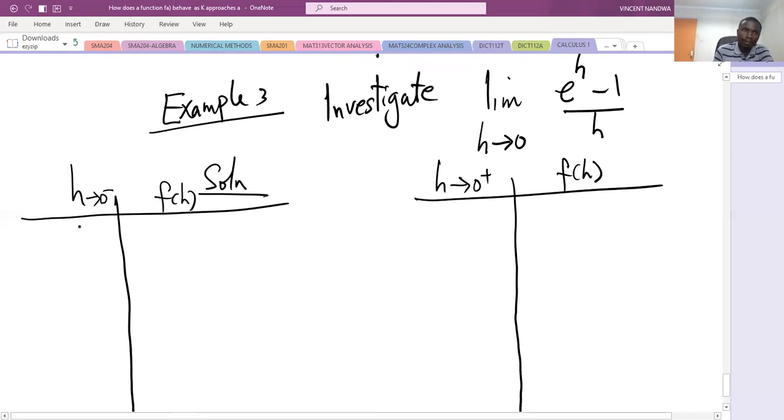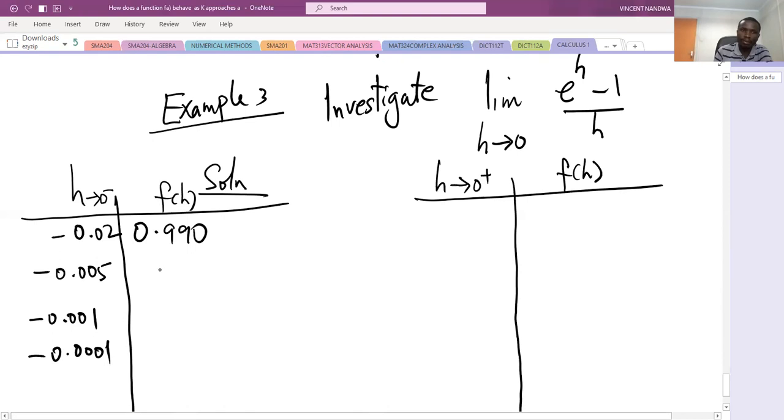So say I pick negative 0.02, then negative 0.005, negative 0.001, negative 0.0001. Remember, you pick those values which are very, very close to the number that you have, so that you get the trend properly. So when you put in the function, you get 0.990.